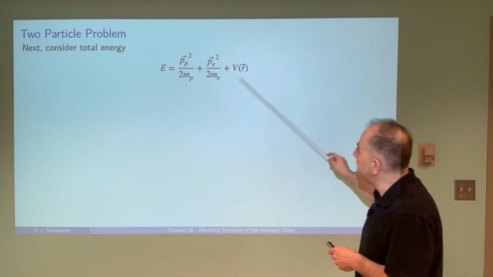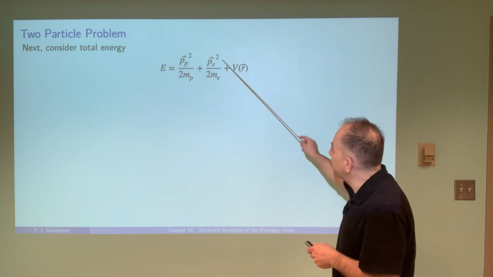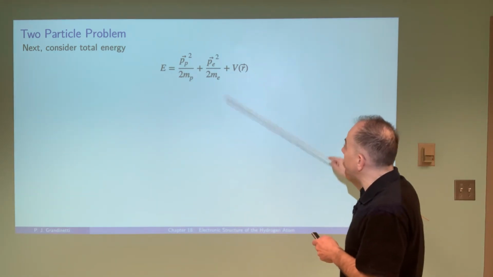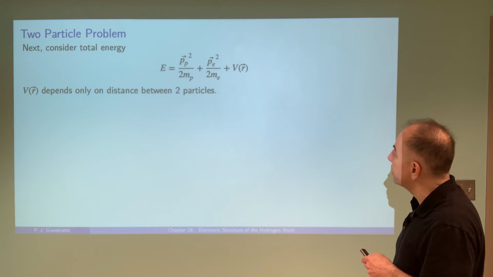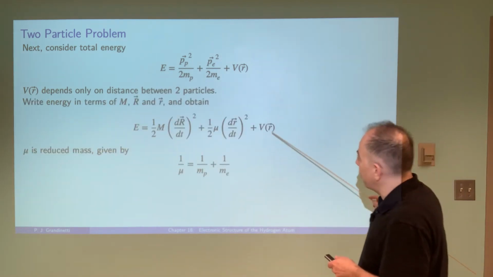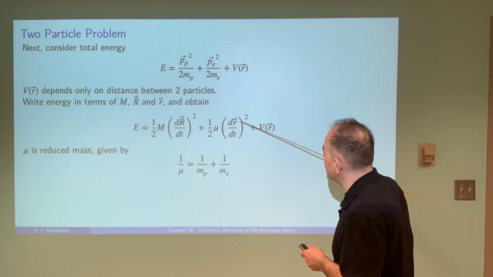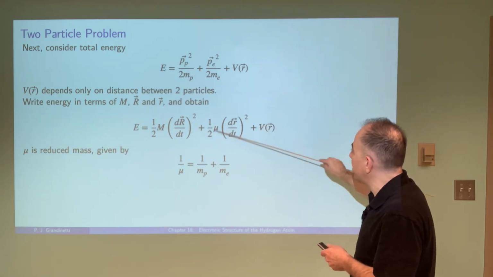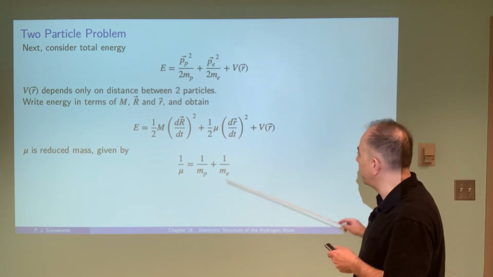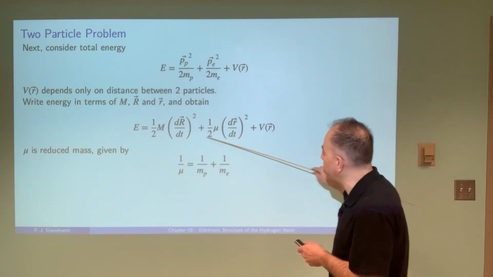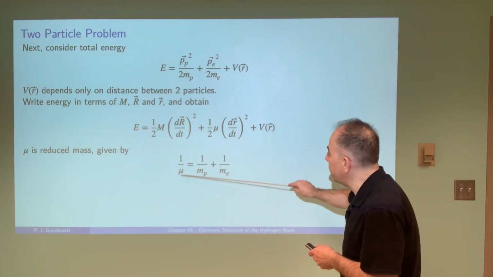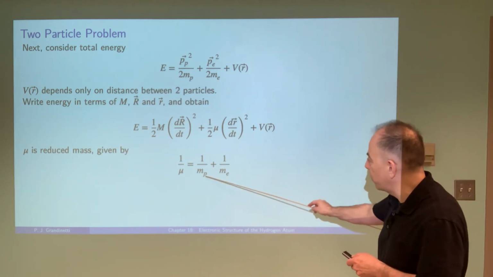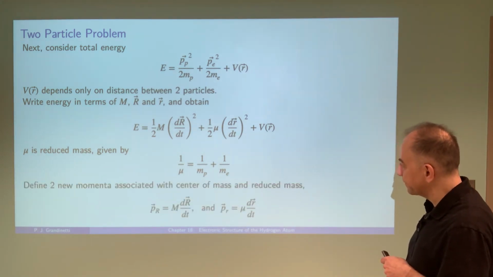Now, if I go back to the total energy with the kinetic energy term and the potential energy term and plug in those expressions in terms of the center of mass and the relative position of the two particles, then it comes to this form here, where now mu is the reduced mass for the proton and the electron.